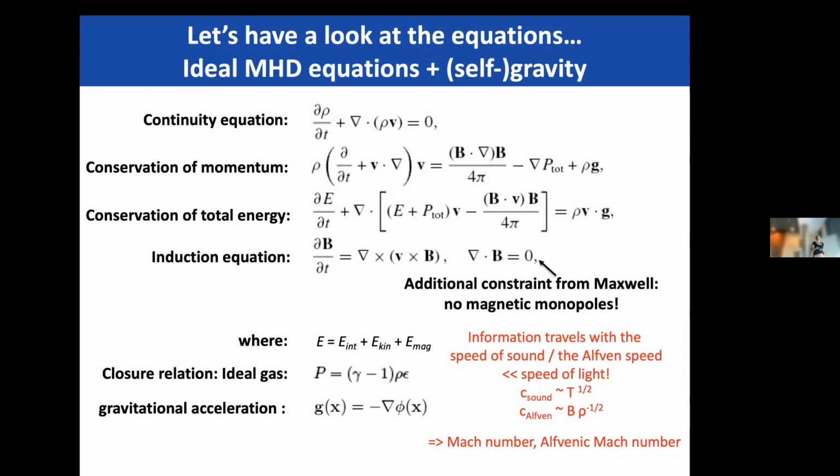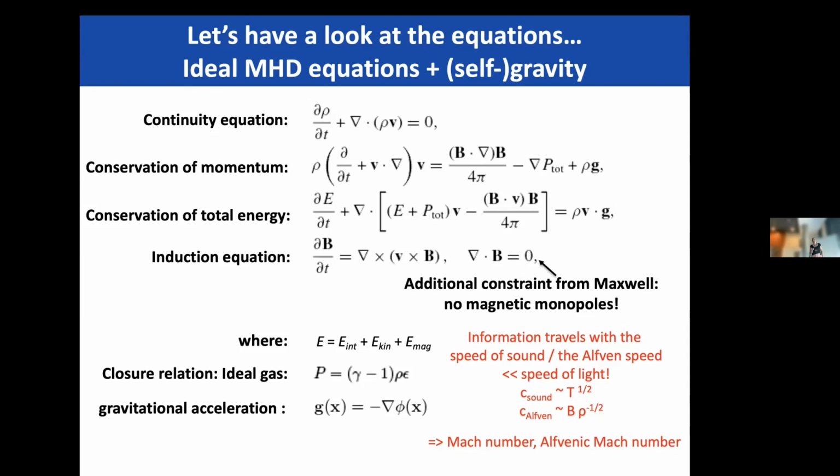All right, then you also need a closure relation which relates pressure, density and internal energy. So this is for ideal gas, what we typically use. And we also have here, in these equations, the gravitational acceleration, that's the only thing I introduced here as an extra force apart from the pressure force, which you of course always have, and the Lorentz force, which is this term.